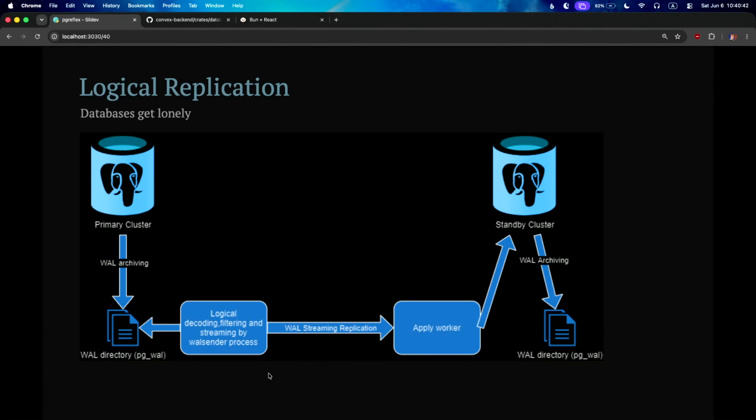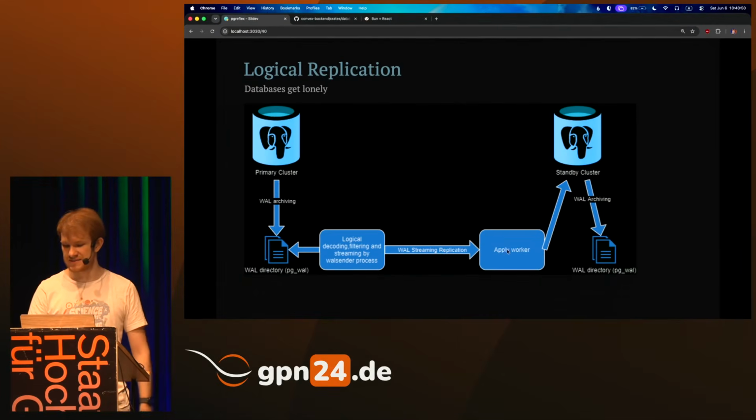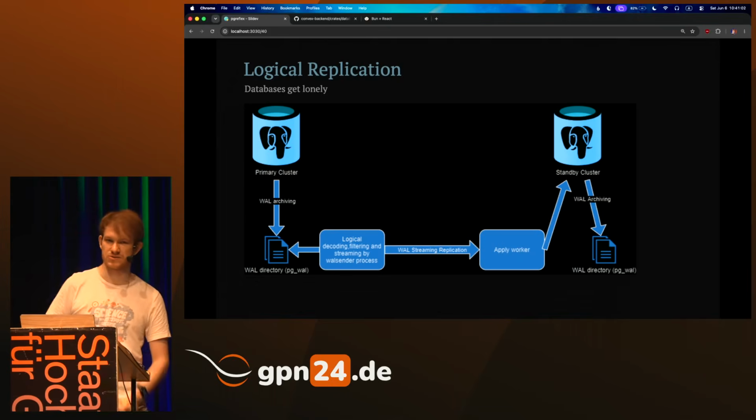And then there is the write-ahead log streaming replication process that reads these changes. And as soon as there's a change, it can send this to a write-ahead log worker or a replication worker. And that worker then sends this data to a standby cluster. And this standby cluster gets all these changes live streamed to it.